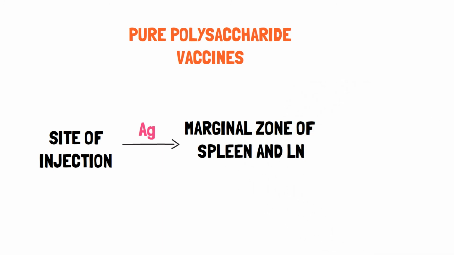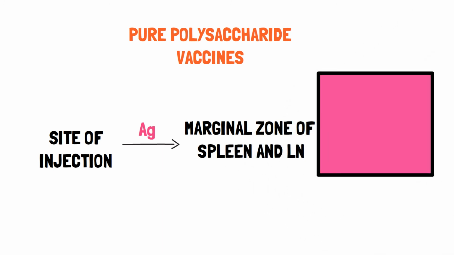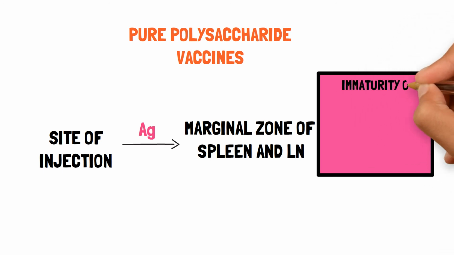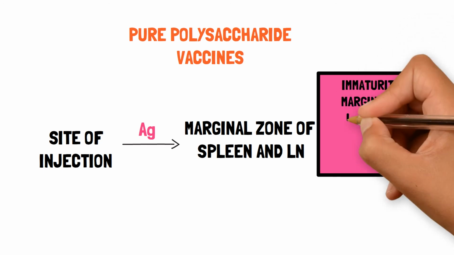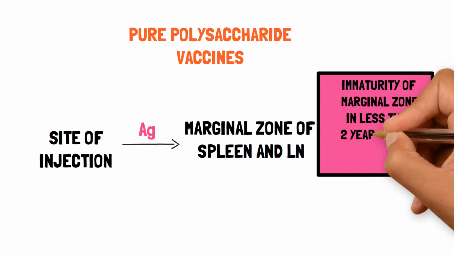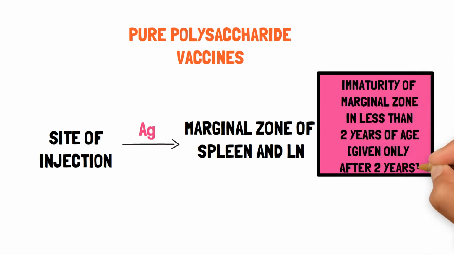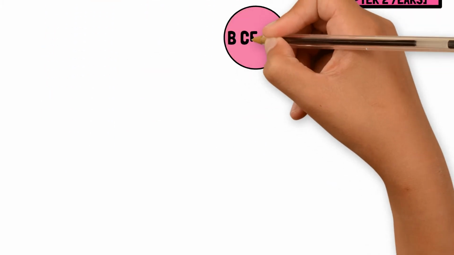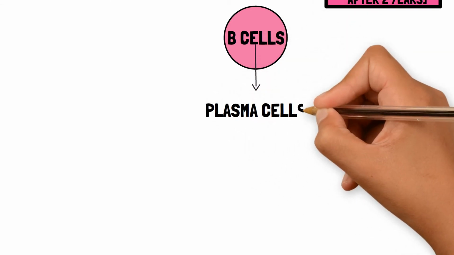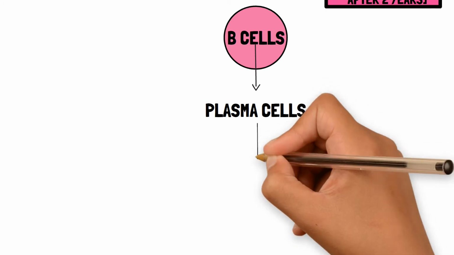This marginal zone is not adequately developed in children under 2 years of age. So pure polysaccharide vaccines are usually given after 2 years. Then inside the lymph node, B cells are activated without involvement of T cells, they differentiate into plasma cells, and antibodies are produced.